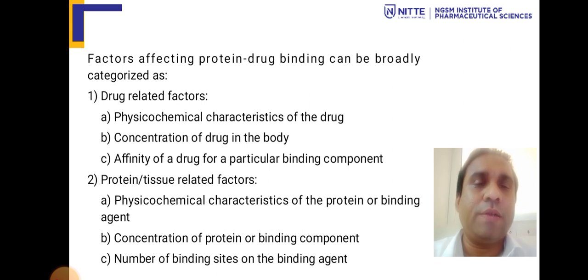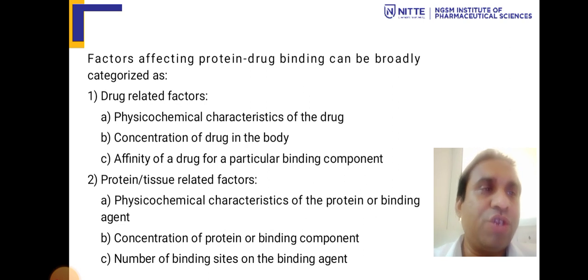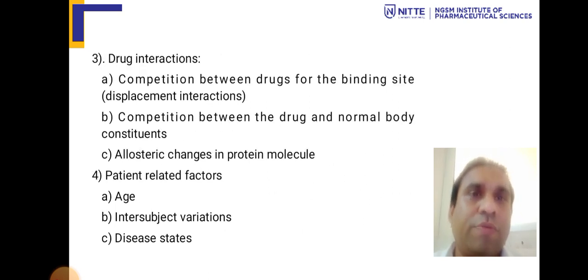The next factor is called protein or tissue related factors. In this also we will see how the physicochemical properties of proteins or binding agents matter, how the concentration of proteins or binding component affects the protein binding, and the number of binding sites present on the binding agent. So all these things we will learn.